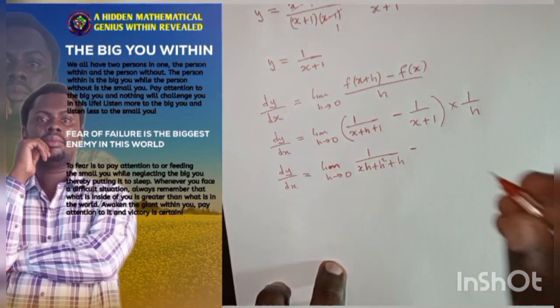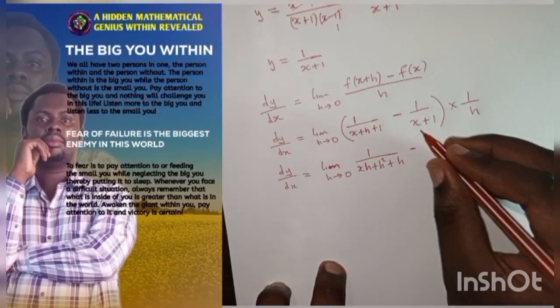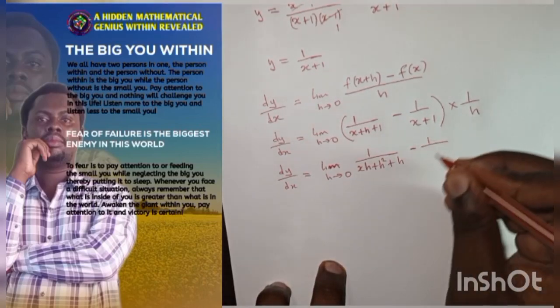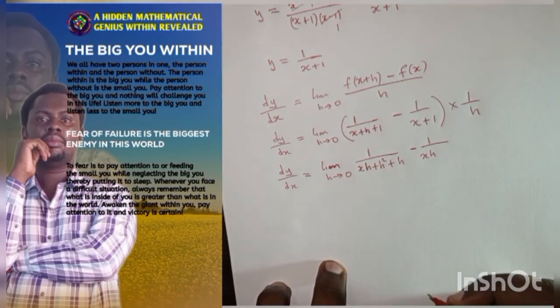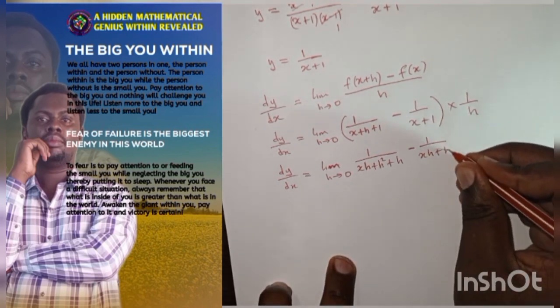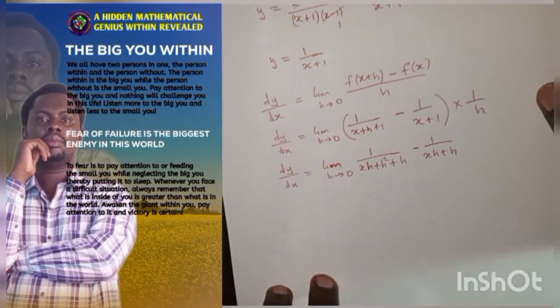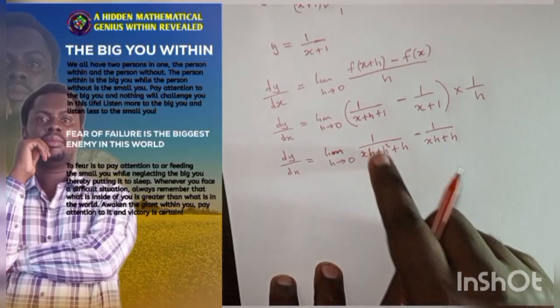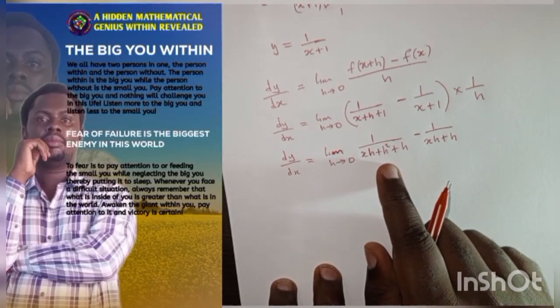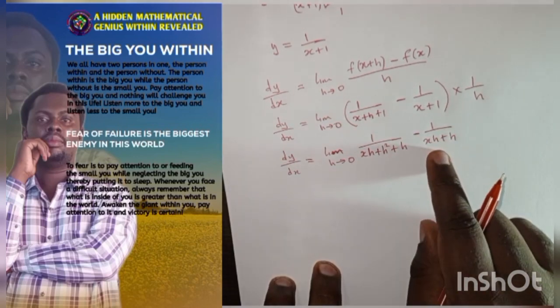Then minus, h multiplied by x, this is 1 over, so you have xh, plus 1 multiplied by h gives h. So we have a fraction here, 1 over (xh plus h squared plus h), then minus 1 over (xh plus h).